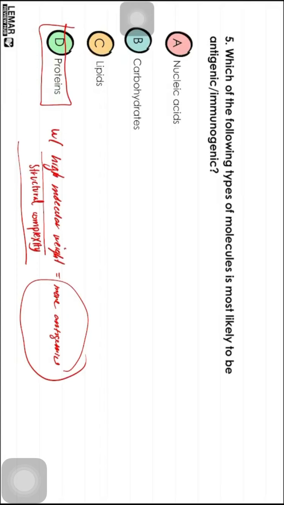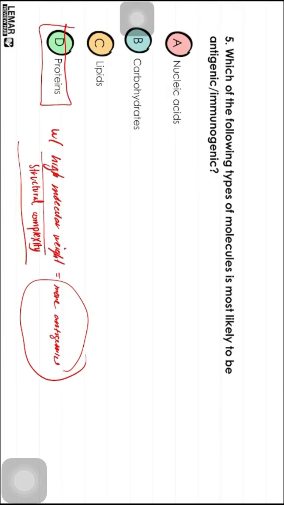Lipids are considered inferior antigens because of their relative simplicity and their lack of structural stability. But once lipids are bound with proteins and carbohydrates or polysaccharides, they can function as good antigens. Carbohydrates, on the other hand, are less antigenic because they are considerably too small to function as antigens.